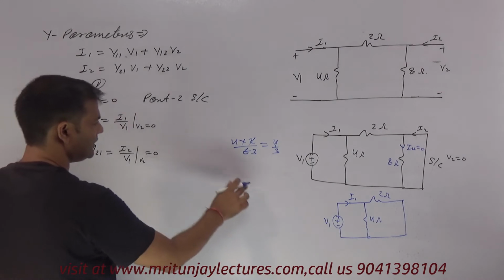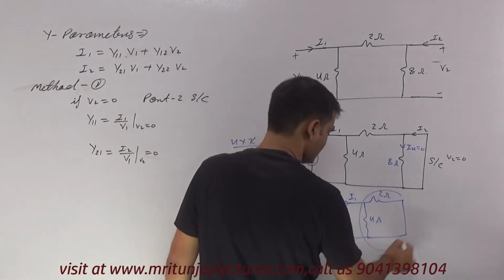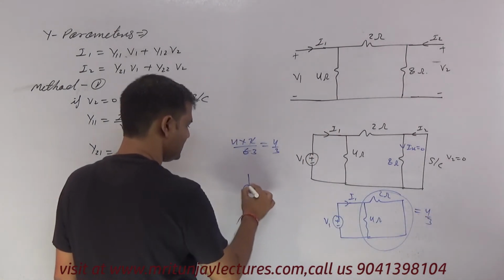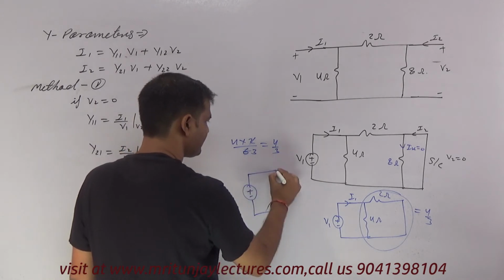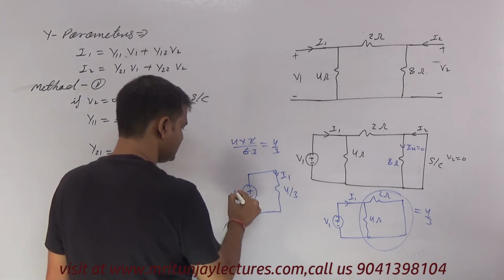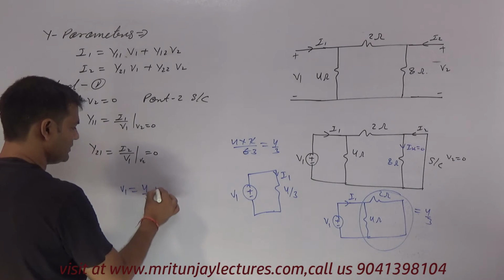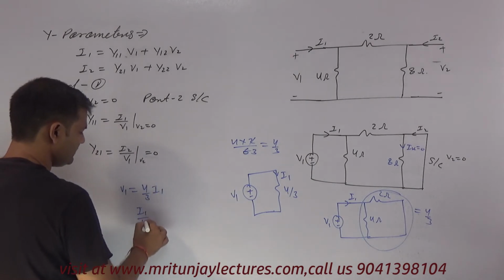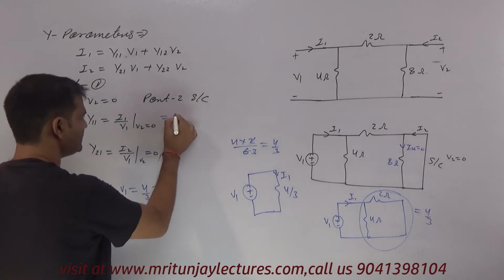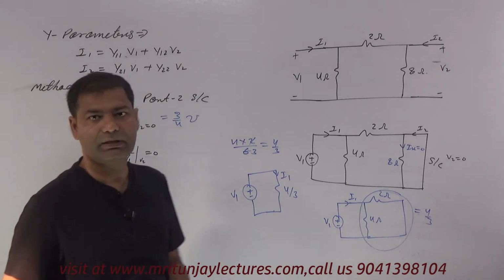So the whole combination is 4 by 3, and V1 is written as 4 by 3 I1. So I1 divided by V1 equals 3 by 4, so 3 by 4 inverse. Clear or not? Very simple.